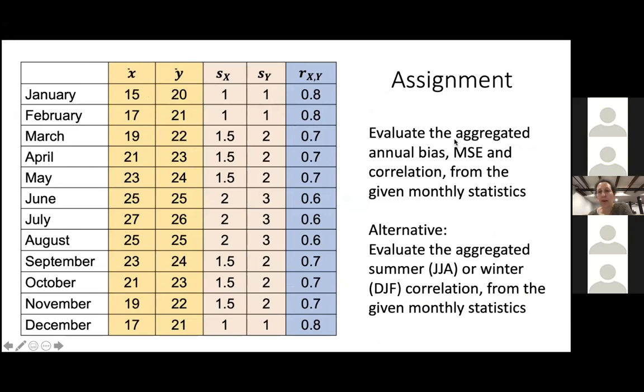I would like you to evaluate the aggregated annual bias, the mean square error, and the correlation from the given monthly statistics. I didn't give you the sample size because everybody knows how many days there are in each month. Alternatively, if you think that 12 months is too much, you can do it on 3 months. For example, you can evaluate the aggregated summer or winter correlations from the given monthly statistics.